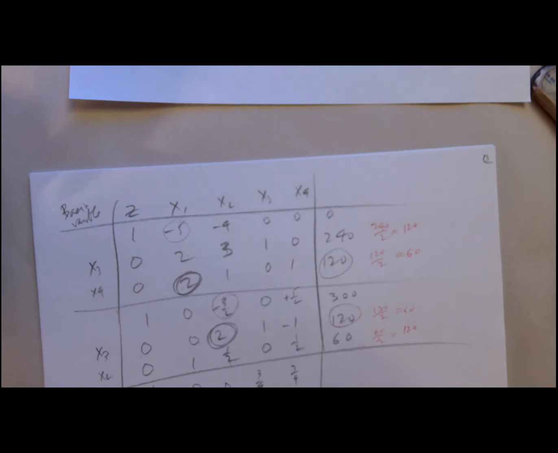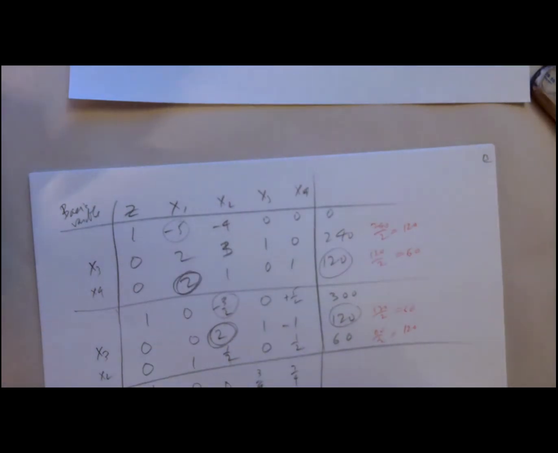A fourth plus a half is 3/4. And minus a half times 60 is minus 30, and 60 minus 30 is 30. So this is okay. Now I want to get a 0 here.